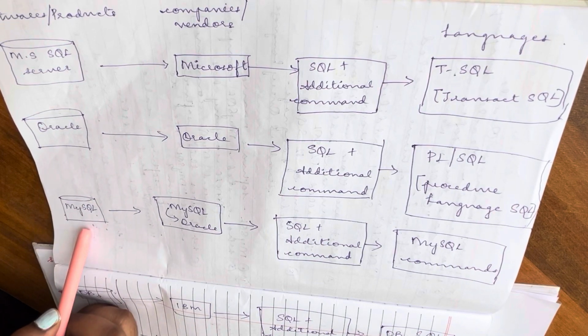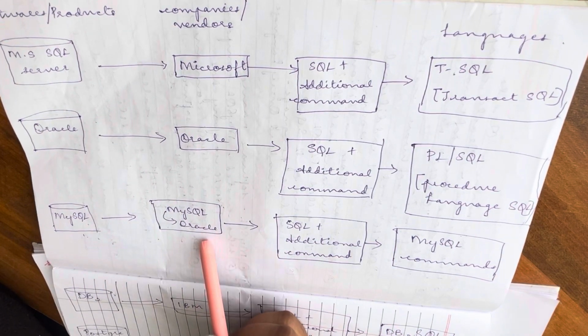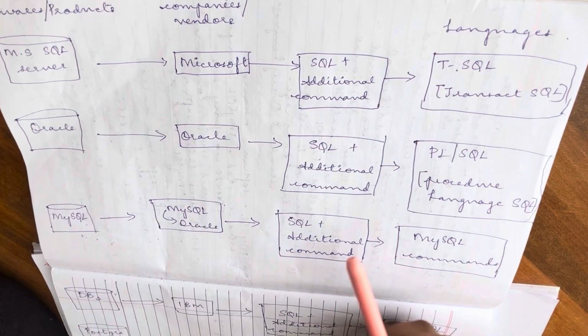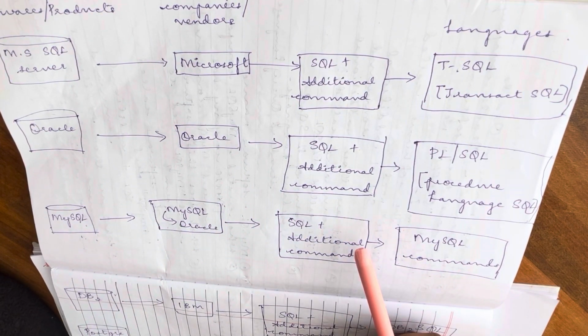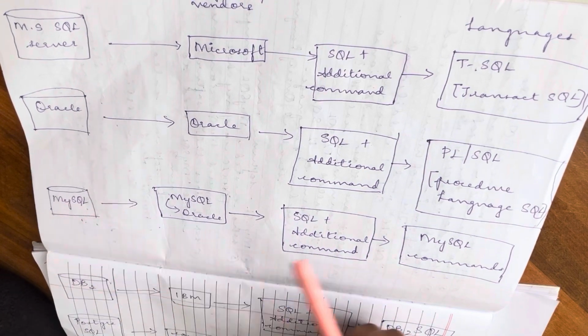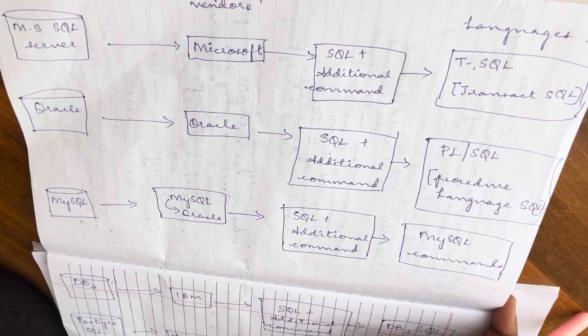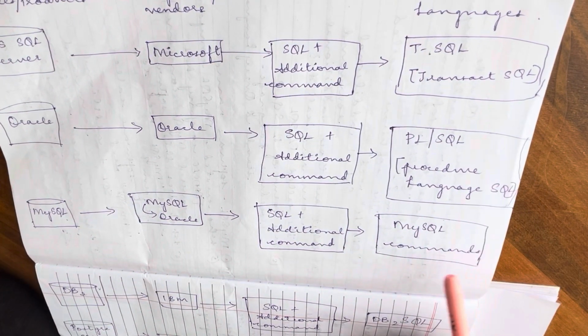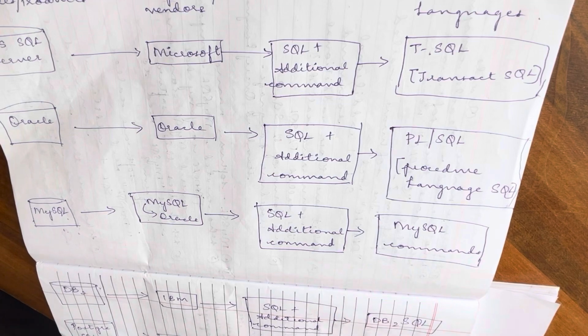Who created this software? MySQL, which is now acquired by Oracle. And what are the languages required to perform in this MySQL software? SQL plus additional commands. And what are those additional commands? MySQL commands, because MySQL has its own programming language as well.